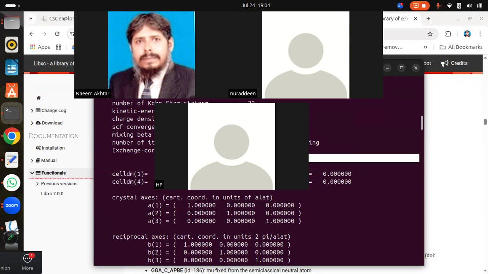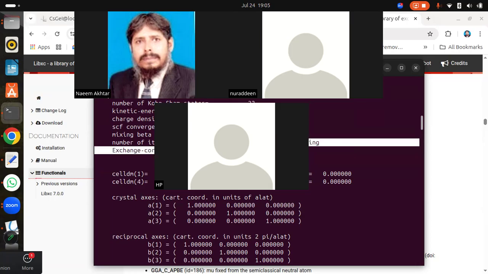Actually, those ones are from the exchange correlation potential library. These are the exchange correlation potentials used by Quantum Espresso from its own libraries.